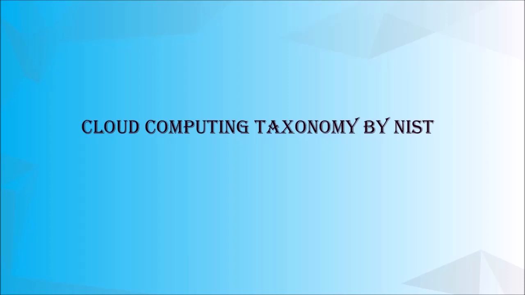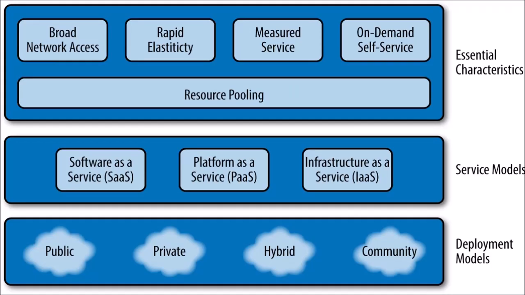Let us see the major taxonomy components. So these are the cloud computing taxonomy components. First are the essential characteristics. They include broad network access, rapid elasticity, measured service, on-demand self-service, and resource pooling.